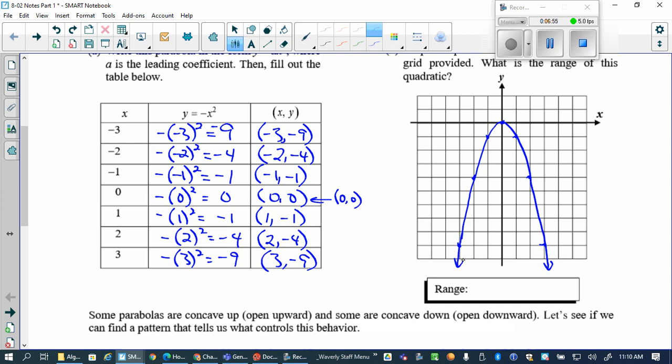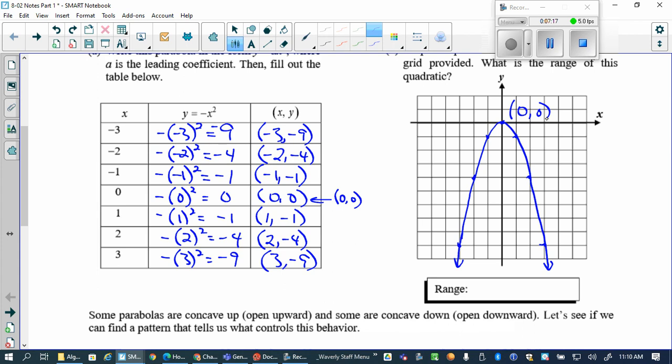But as a parabola, it looks about like that. So what? -3, -9. Right. Okay, so here's our vertex. That's at 0, 0, right?